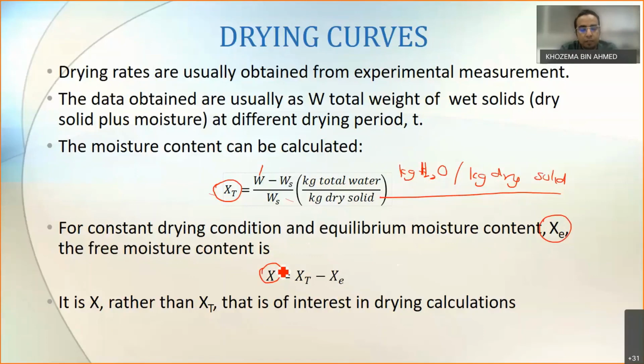When we are trying to design or calculate the time of drying, we are interested in using the free moisture content, because even though total moisture content is important, given our limitation in terms of the temperature and the condition of air, the amount of moisture actually being removed from your system is your free moisture content. That is why we are more interested in finding this value, and this is the value that we will be using in our drying calculation.